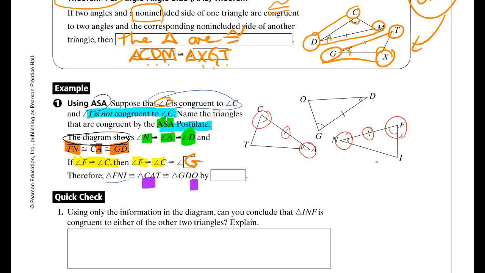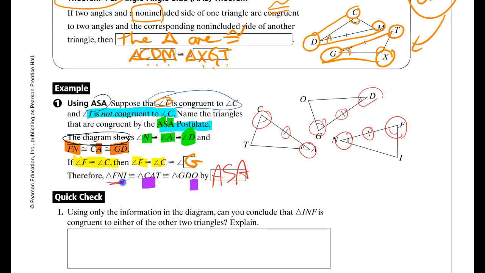But wait, there's more. Don't order yet. There's a bonus. We've also got C congruent to G, so now we've got an angle, a side, and another angle that match up with one of these. Well, either one really. So they're all congruent to each other by ASA.